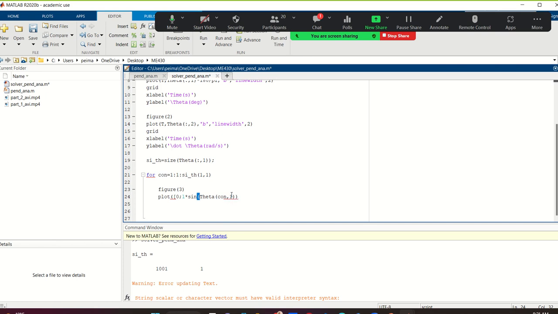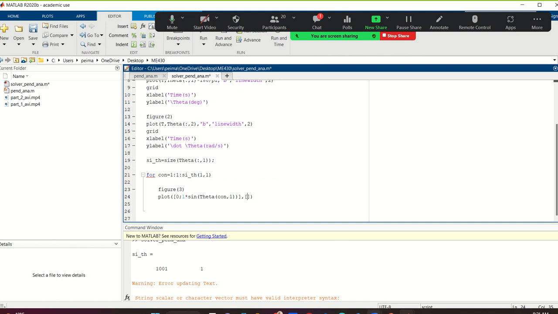Done. See what I have done? Because when I run this for loop, con is going to be 1 here: theta 1 and 1. The next round con is 2: theta 2 and 1, 3 and 1, 4 and 1, until 1001 and 1. See what I have done? Yes, everyone?